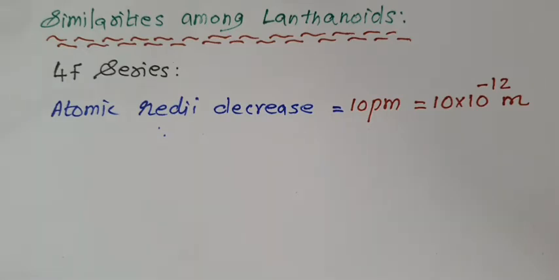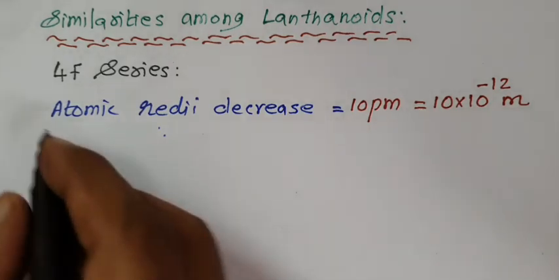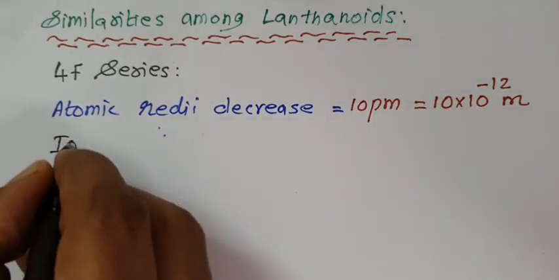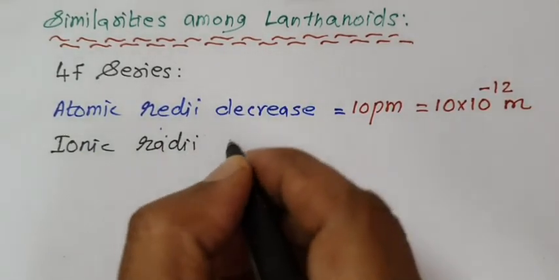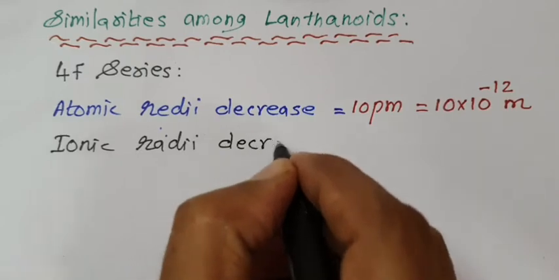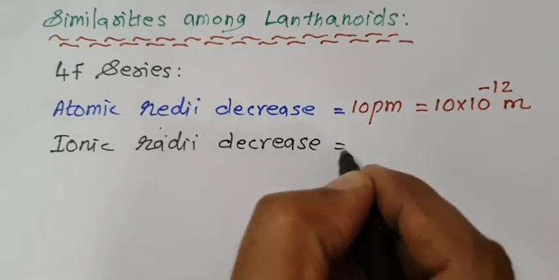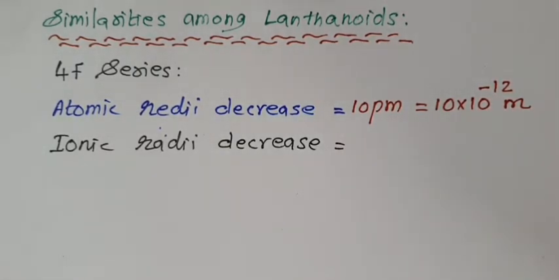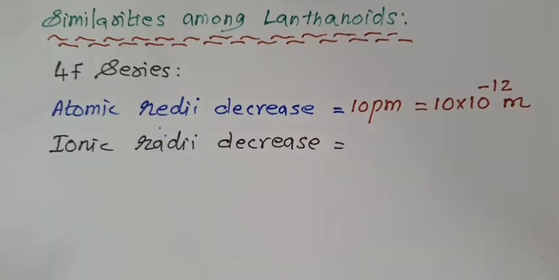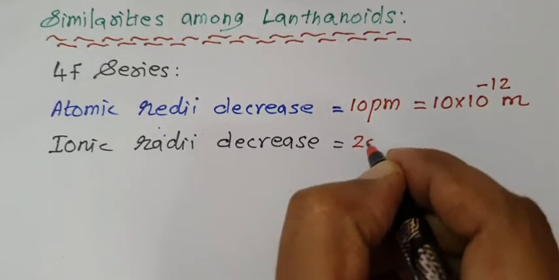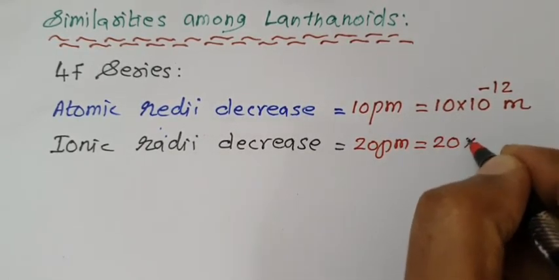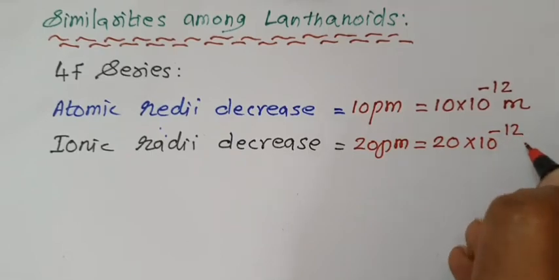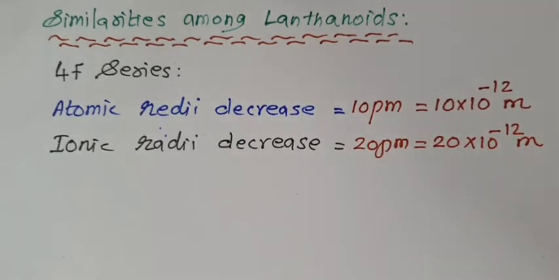And also in the complete f series, the ionic radii decrease from cerium to lanthanum by about 20 picometer. That is equal to 20 into 10 power minus 12 meter, 2 into 10 power minus 11 meter.